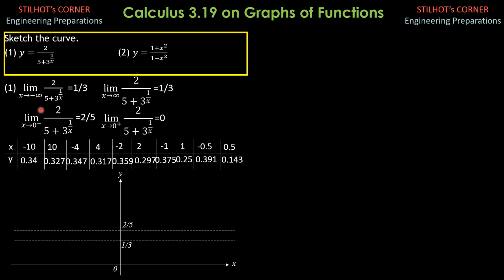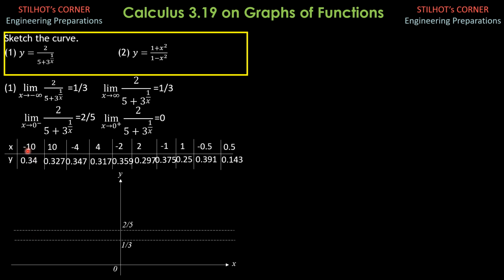Then we plot. First, when x approaches negative infinity, we have the horizontal asymptote y equals one third. When x is negative infinity, it approaches one third.